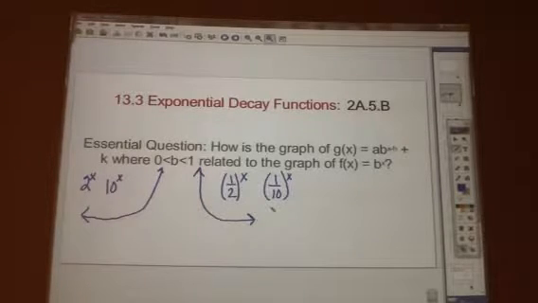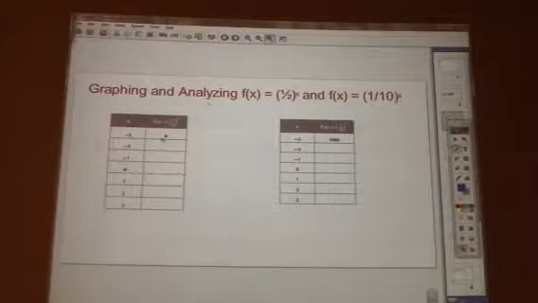Now, if you'll look on page 733, over on the far right, at the two tables, if you put 1/2 to the x power in your calculator, you will see that as the x's get bigger, as you move to the right when you're plotting points, your y's will get smaller and get really, really close to 0 but never touch it.